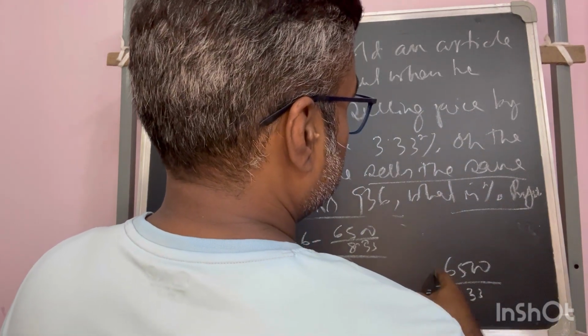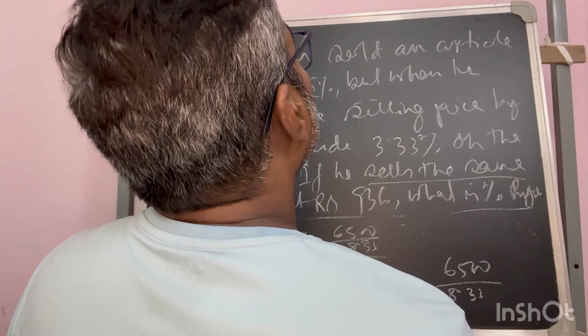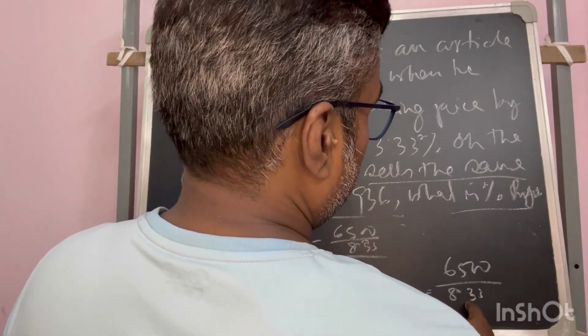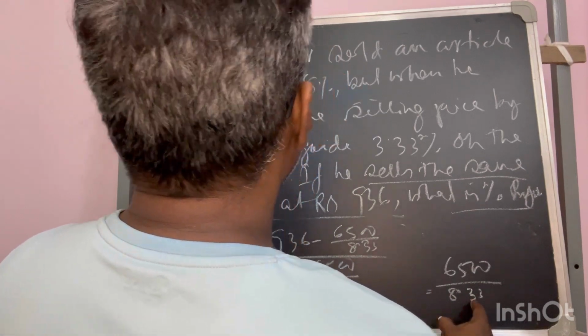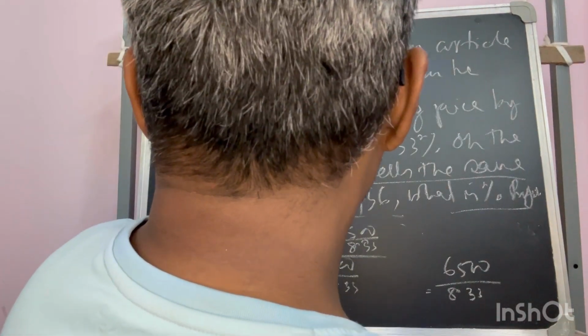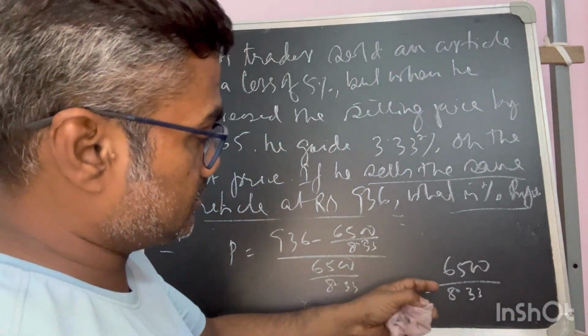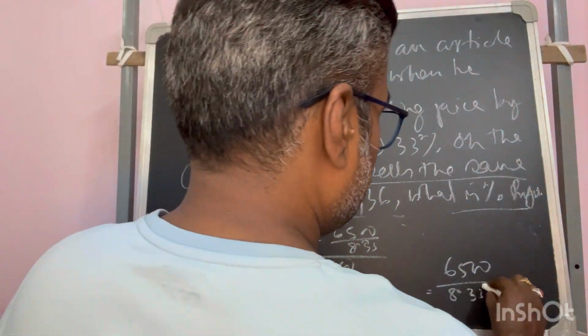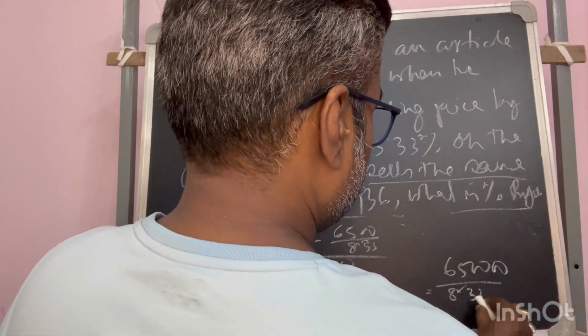This will be how much? 1365, 1353. That will not be cancelled out. That will be approximate. How much if I cancel it? 833.